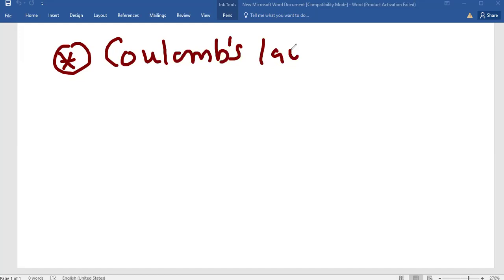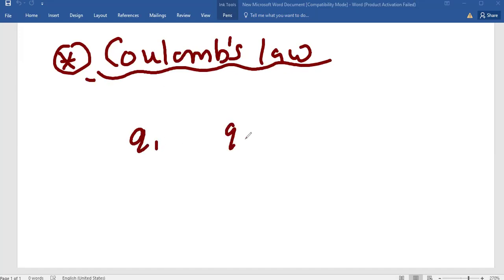So if we have two charges Q1 and Q2 separated by a certain distance r, then these two charges will either attract each other or repel each other with a force which follows Coulomb's law.